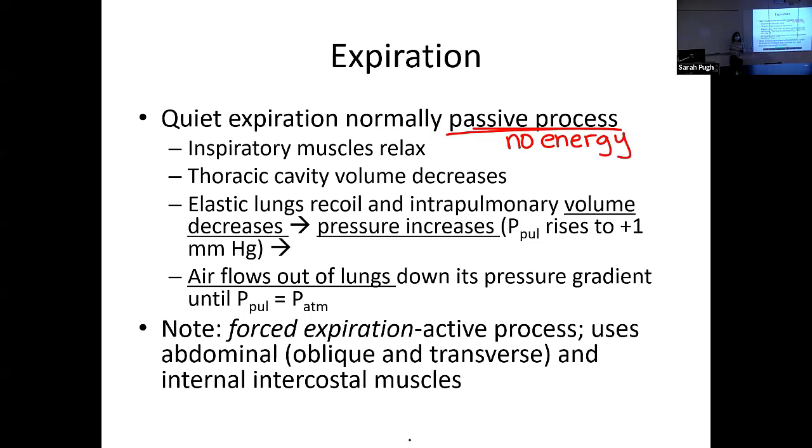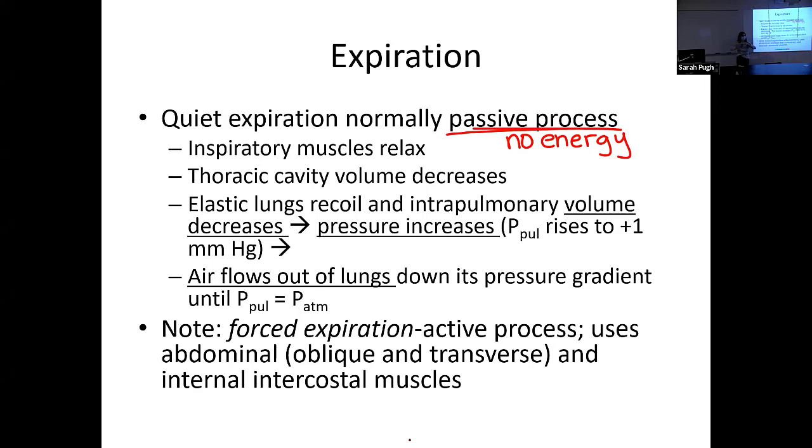All of those inspiratory muscles that we talked about, like the diaphragm and the intercostal muscles, are going to relax, and the volume in the thoracic cavity is now going to go down. So think of your diaphragm. When it contracts, it actually pushes down. So when it relaxes, it bubbles back up. So that means the volume in the thoracic cavity goes down.